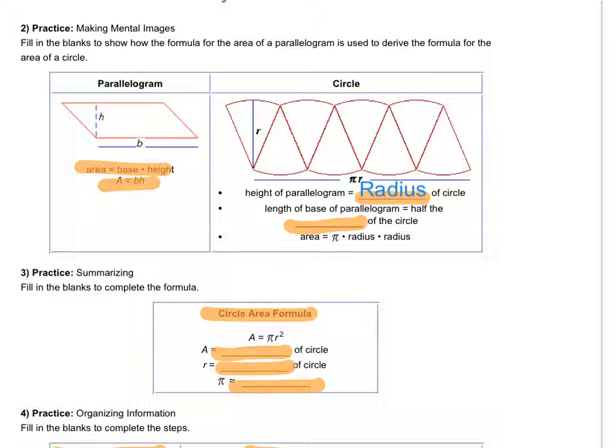The length of the base of the parallelogram is half the circumference of the circle. Let's write that in. Circumference.